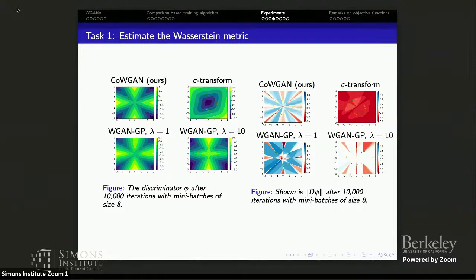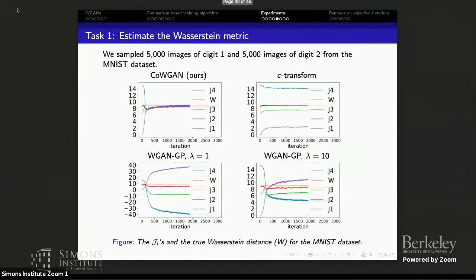And we can also compare the norm of d phi. So here, if the color is white, then it means the norm of d phi is close to 1. And maybe another point is the vertical axis, the x-axis. This is in fact where phi is not differentiable. So we can also capture this.